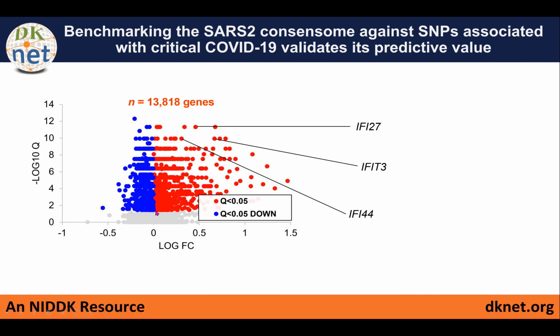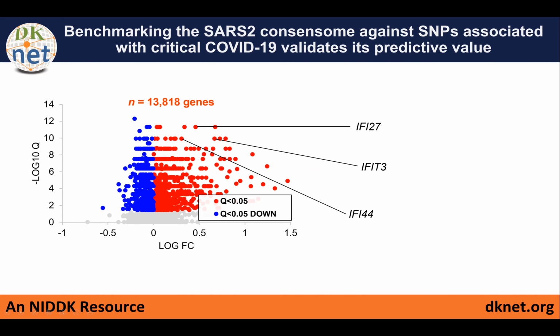So you can see here at this p-value of 0.05, we have identified confidence targets that are upregulated and those that are also downregulated.